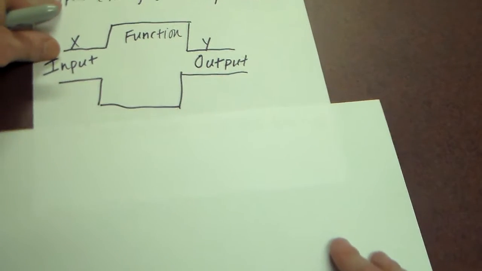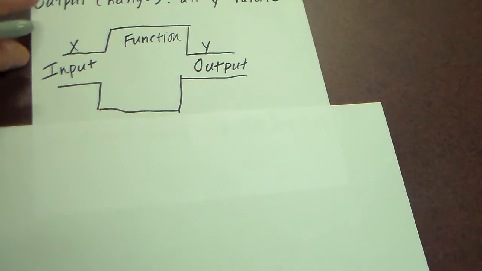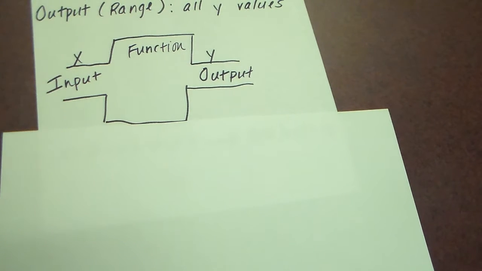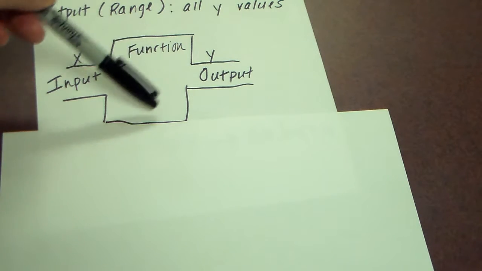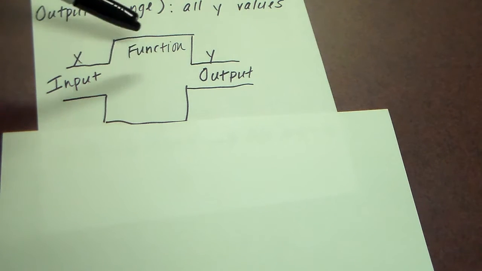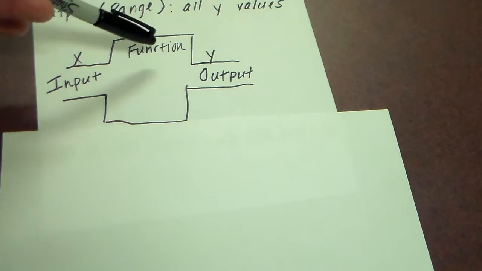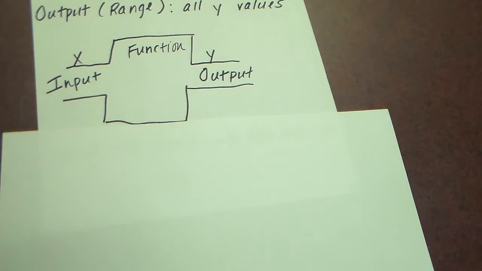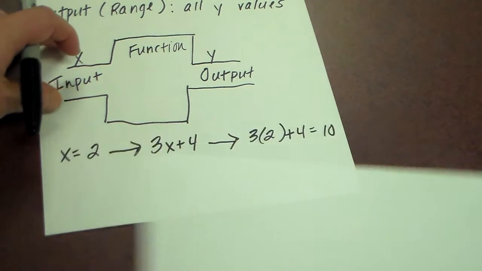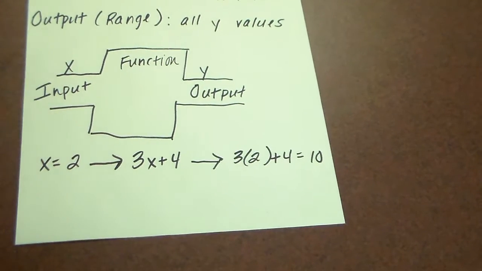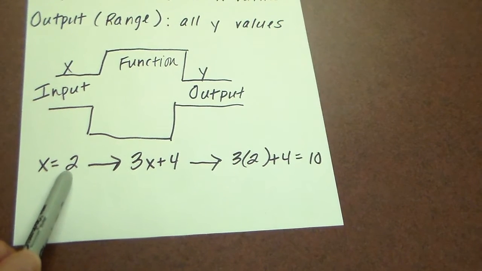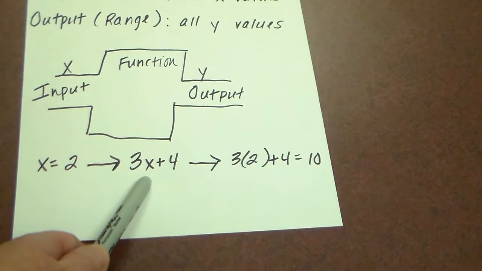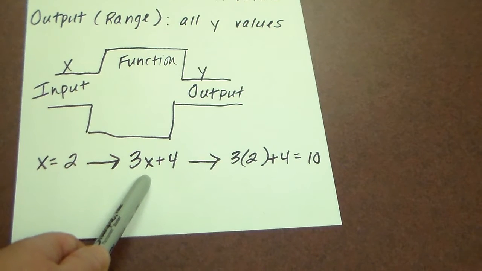And then here's just a drawing of our function machine. Beautiful, as always. We can see that what we put in terms of x, something happens to it in the machine, and once whatever happens to x is done, we get a new output that comes out. So an example of that is if I put the input 2, if that's part of my domain, I plug that in to, let's say our function is 3x plus 4.